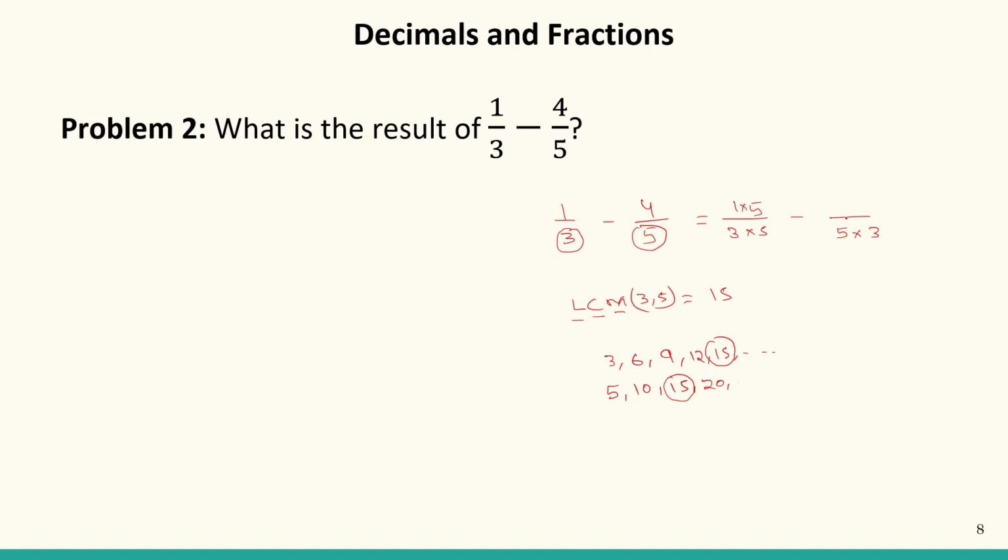In order to equalize the fraction, we need to multiply the numerator by the same number, that is by 3. What we had was 4. So what we have right now is 5 by 15 minus 12 by 15. So what it gives us is minus 7 by 15. This is the answer.